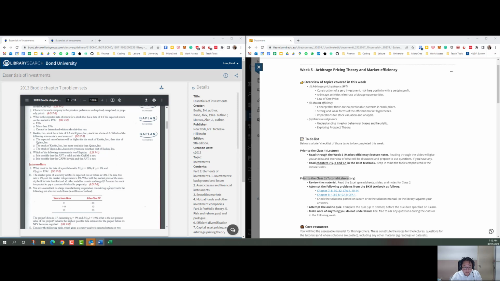The statement that it is possible that APT is valid and the CAPM is not is possible, but not B, that the CAPM is valid and the APT is not. Ultimately the APT accepts the principle of risk and return, which is central to the CAPM, without making any assumptions regarding individual investors and their portfolios.